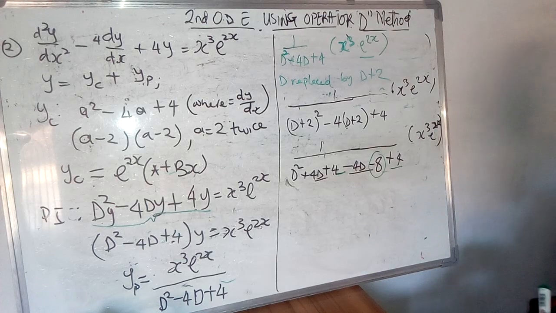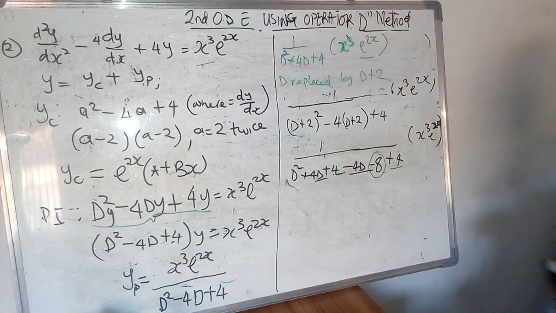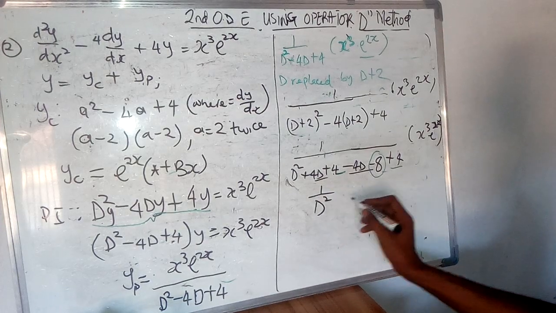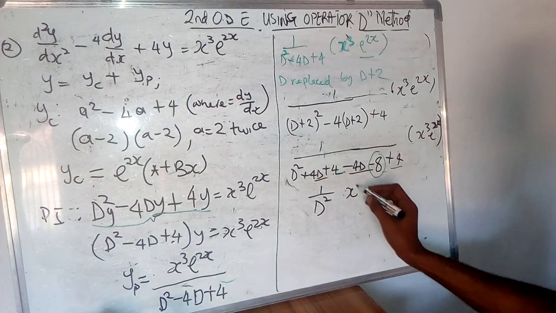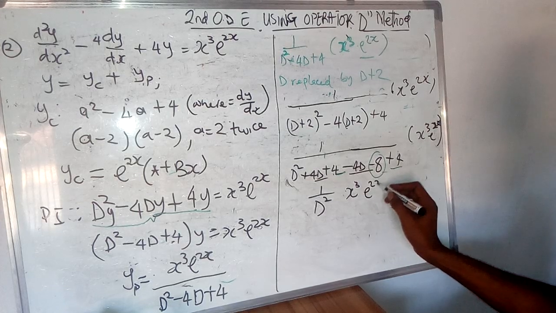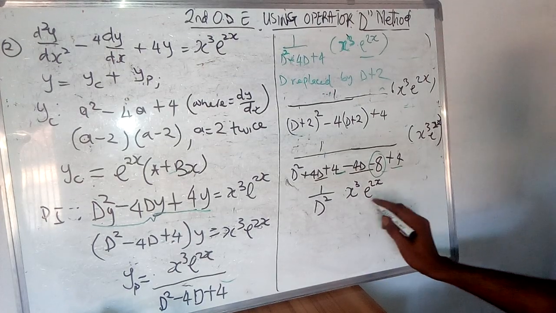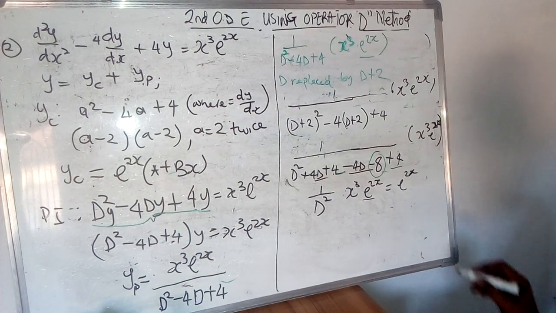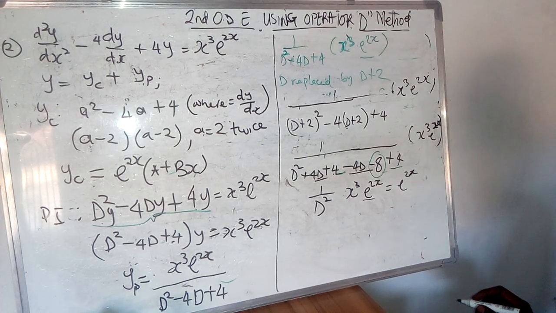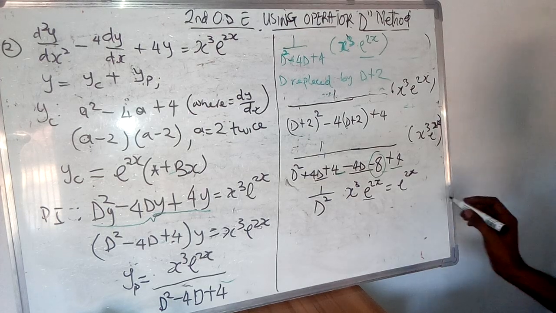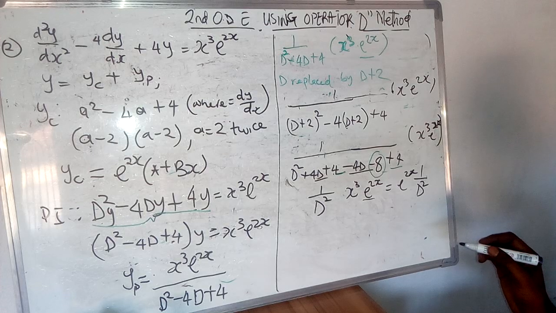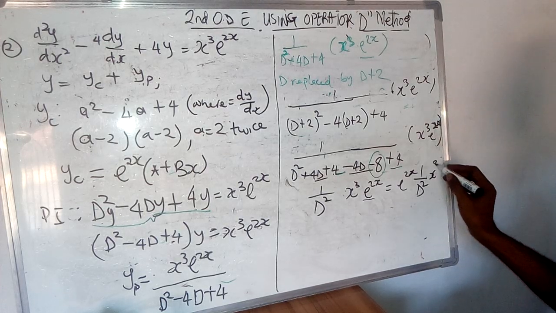So you'll be left with 1 over d squared of x cubed, with exponential 2x out front, because we've already operated on the exponential.